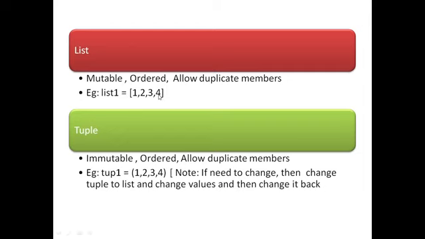For example, 1 2 3 4 is there, I can add 5, yes, it is possible. And it is ordered, meaning in whichever order we create it, that order will be maintained. For example, I create 1 2 3 4, and when we print it, the same order comes up. A list also allows duplicate members. And then tuple is the same thing.